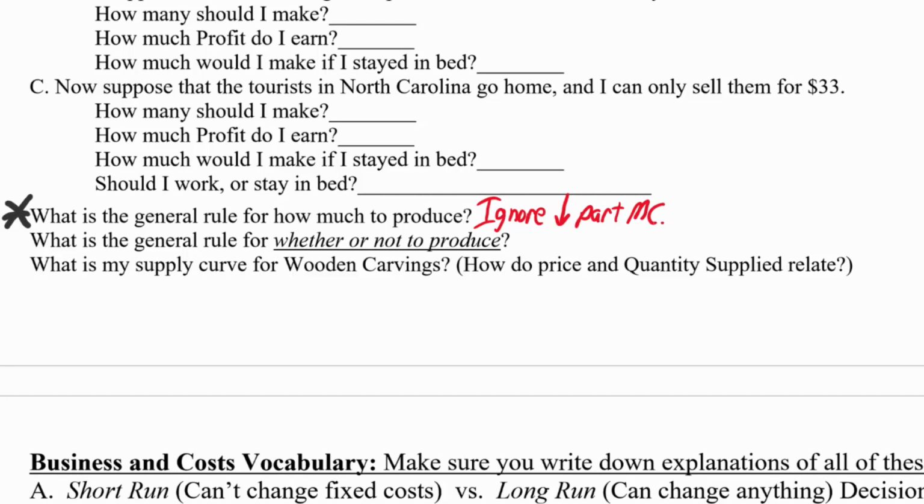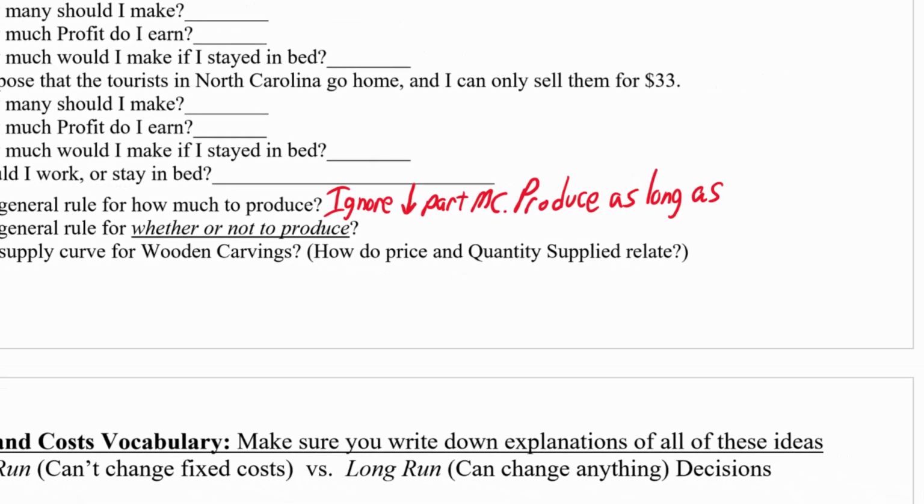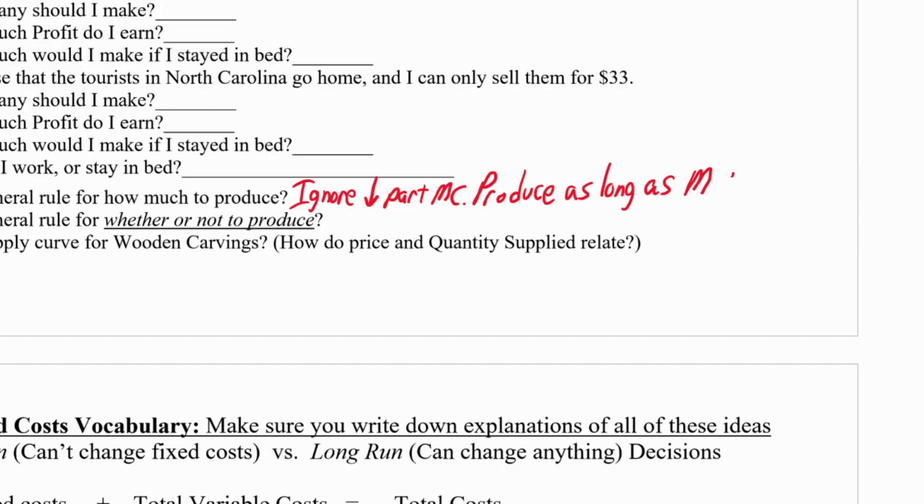But then after that, keep producing all units and produce as long as marginal cost is less than or equal to the price that you can sell it for. Produce as long as the marginal cost is less than or equal to the price.